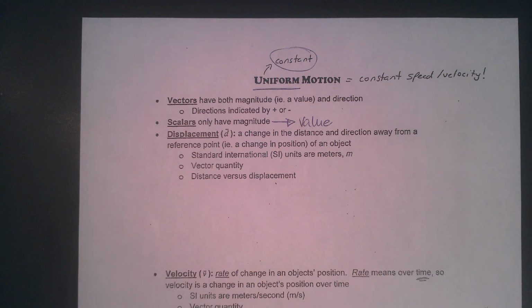In total, you traveled 100 kilometers. But displacement is the change in the distance and direction away from the reference point. If you traveled 50 kilometers north and then 50 kilometers south, you're right back at the same point where you started. Therefore, you have no displacement. And so we're going to be looking at both of these pieces.